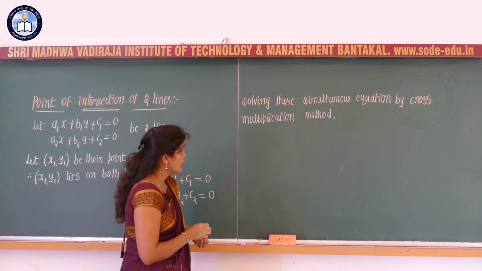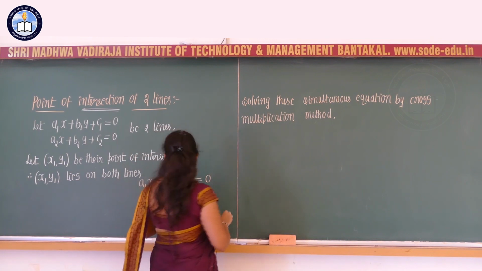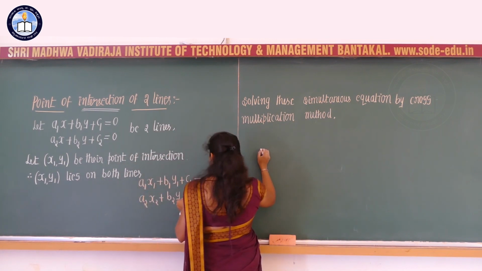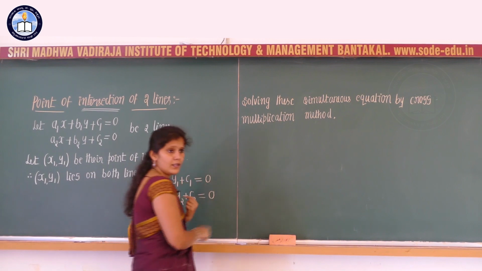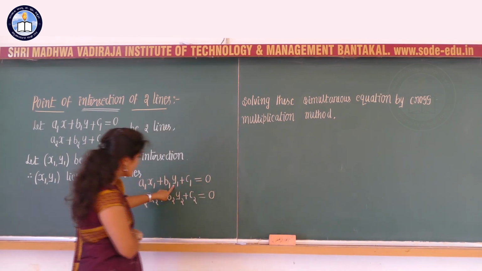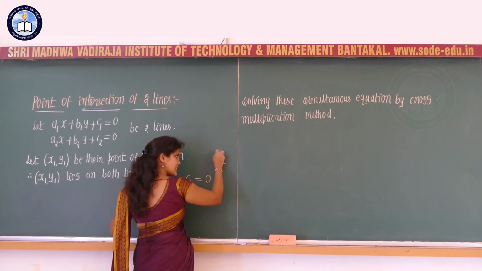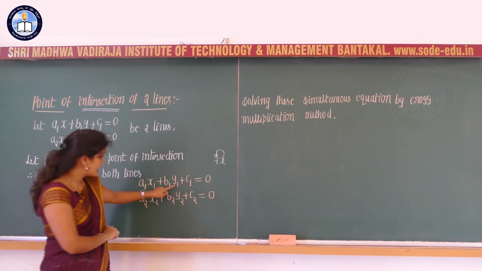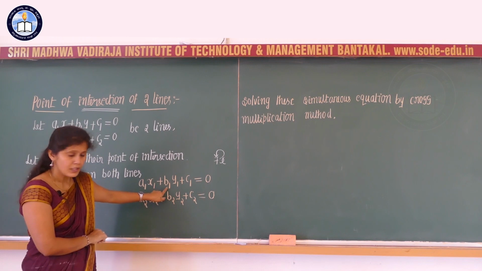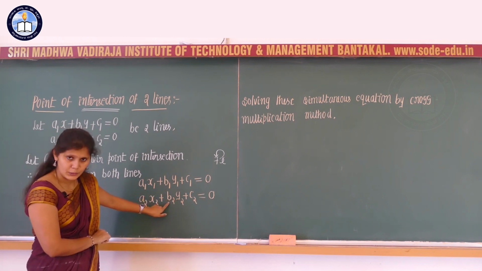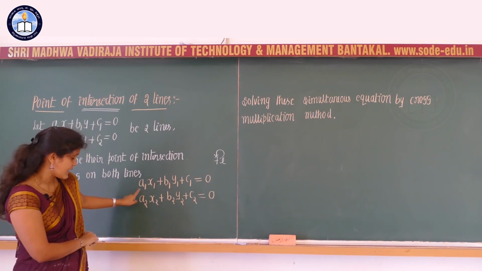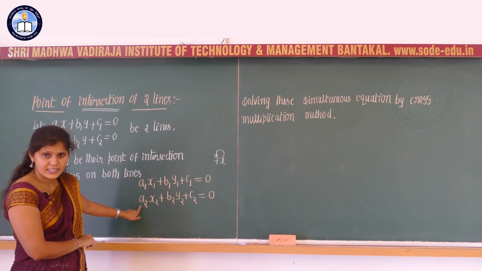In order to write the solution, I am going to consider the coefficients of y. Initially, what are the coefficients? If you consider 7 into x, the coefficient of x is 7. Similarly here the coefficient of y1 is b1, the coefficient of y2 is b2, the coefficient of x1 is a1 and the coefficient of x2 is a2.